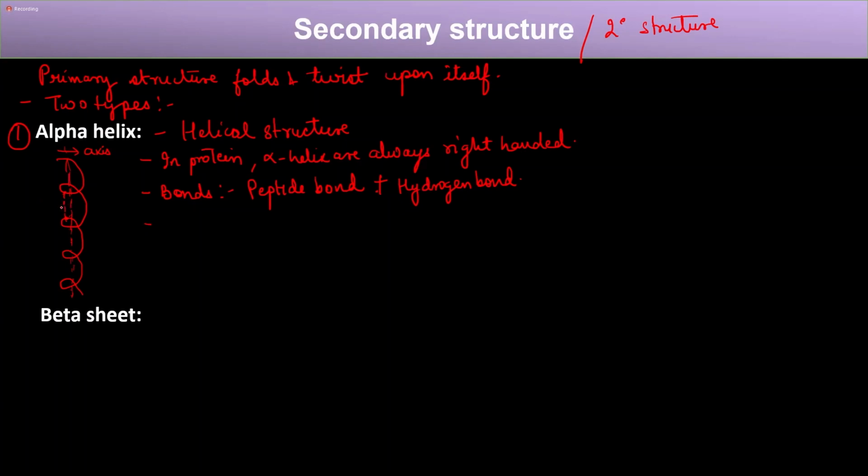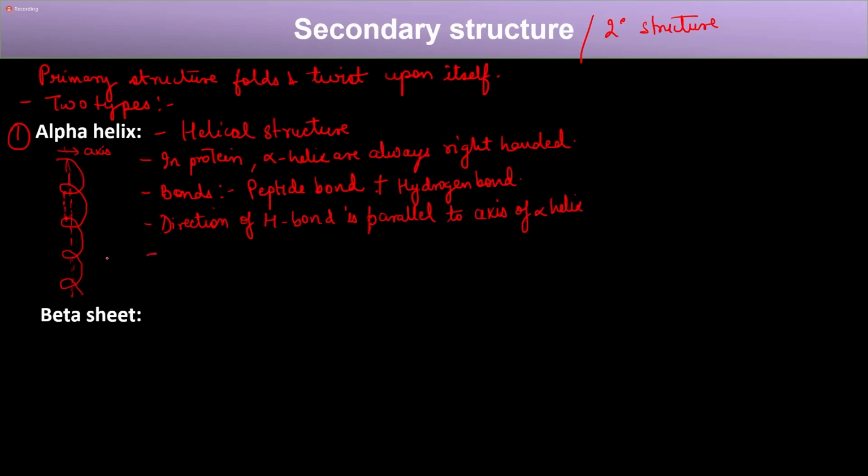What we can see is that the direction of the hydrogen bond is parallel to the axis of the alpha helix.